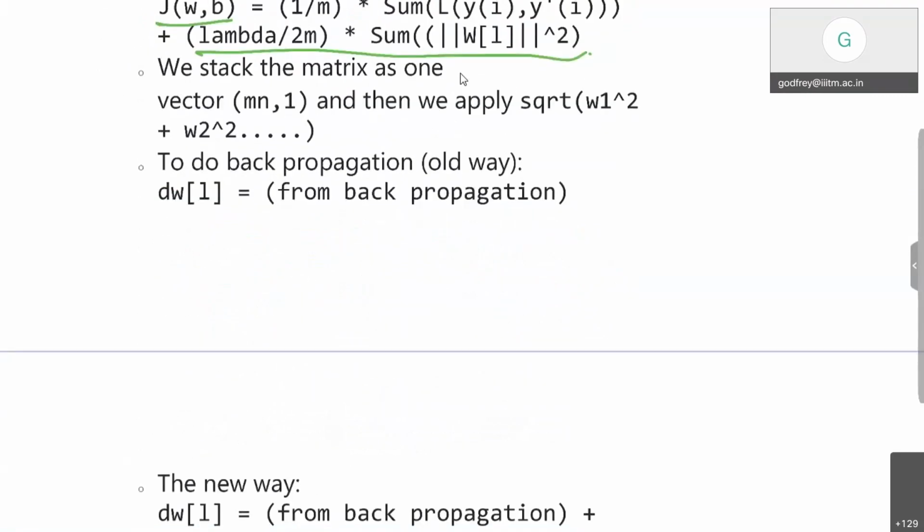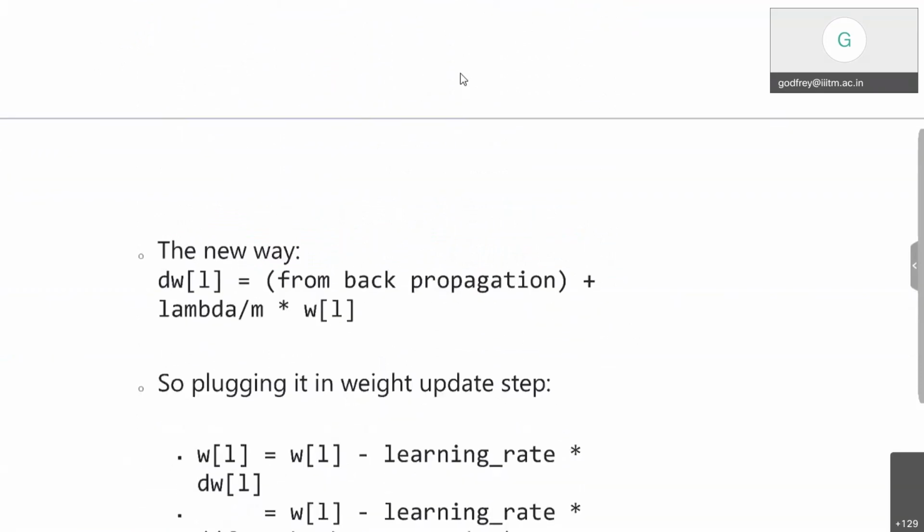And then we also have a change in the derivatives. So earlier, we did not have this in the derivative. We only had dW, with respect to dW we basically had only this. So now we also have another term. So how did we arrive at this term?